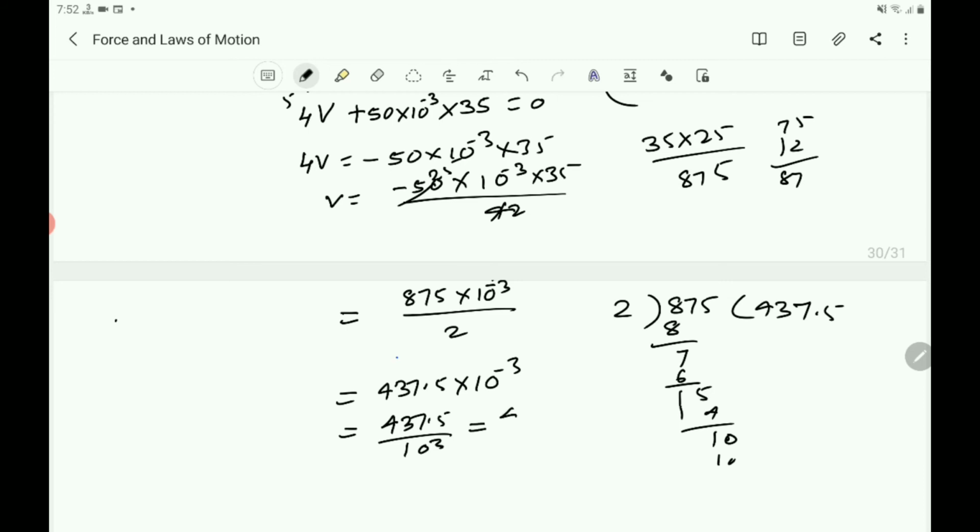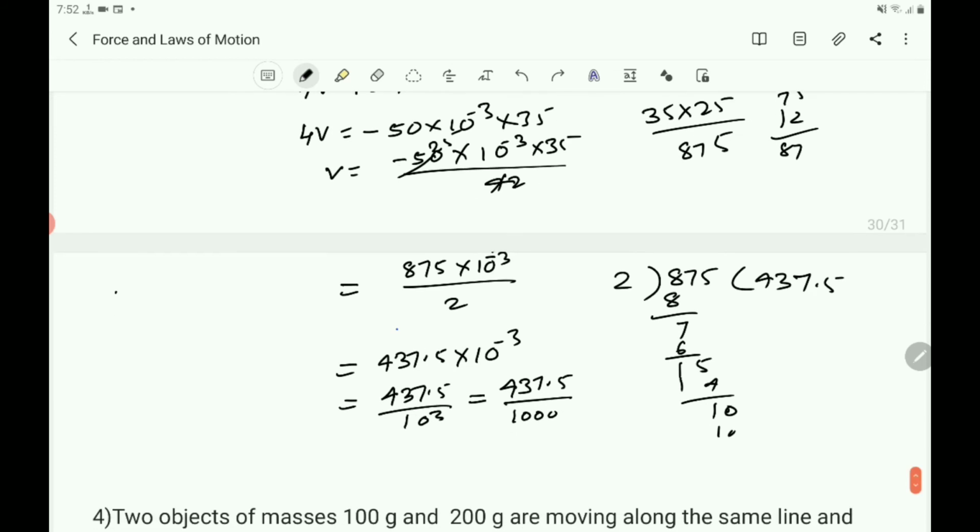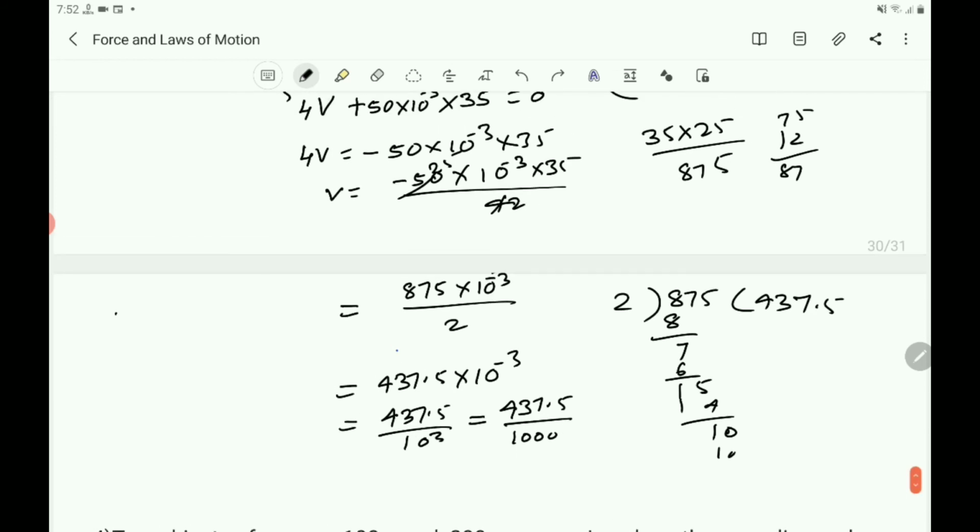Then it becomes 437.5 by 1000, since 10 power 3 is 1000. Shifting 3 digits to the left, that becomes 0.4375.